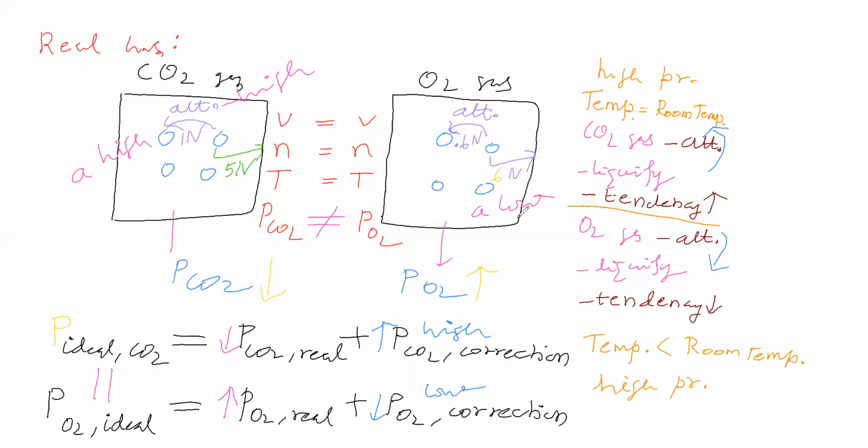Van der Waals constant A is low for oxygen, and the attraction magnitude of oxygen is low.